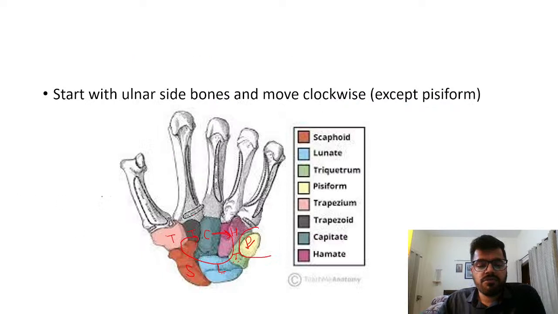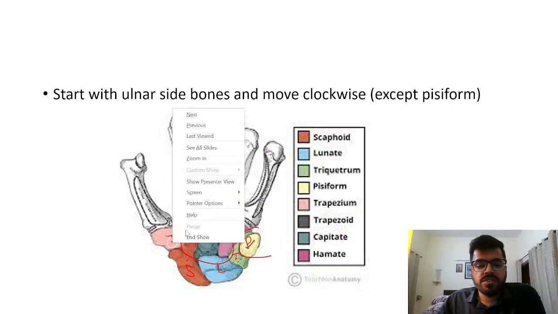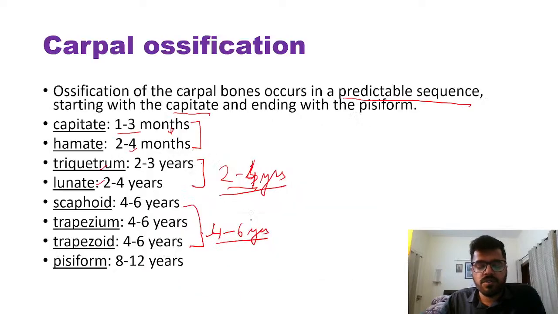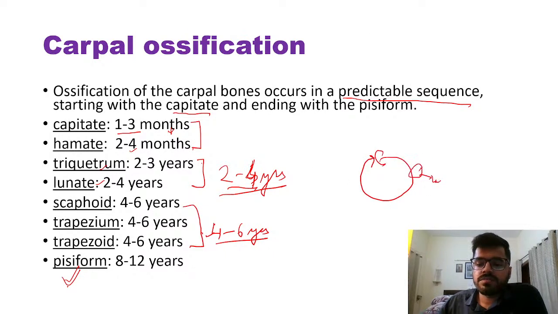So scaphoid, trapezium, trapezoid, all three at 4 to 6 years. And at last there is pisiform, that is 8 to 12 years. So that's easy. We start from capitate and move clockwise, and then we take pisiform at last.